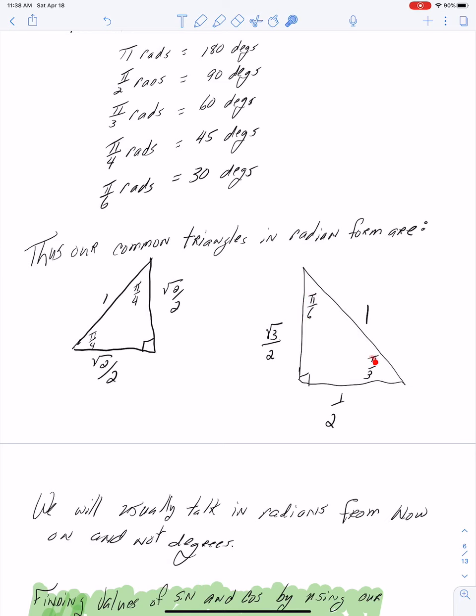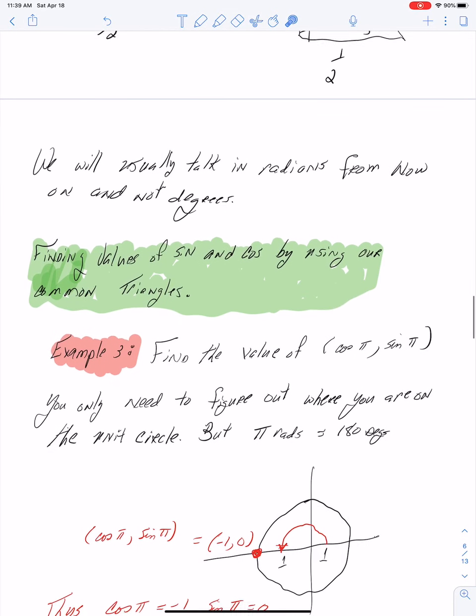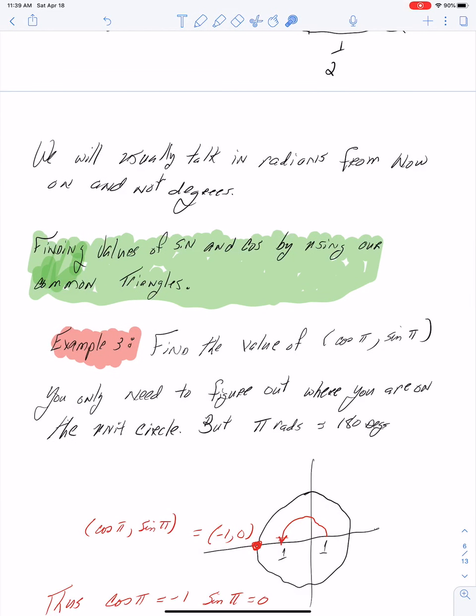Pi over 3, that's 60. And pi over 2, that's 90. That's my other common triangle, right? So we're going to be working with radians from here on out. You might as well remember those angles. All right.